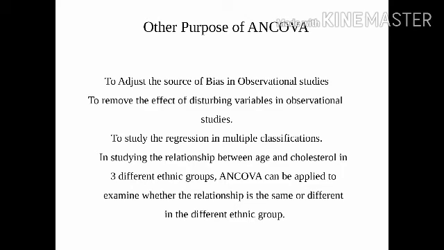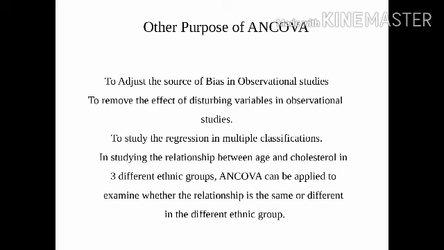This bias could have been avoided by randomly allocating the patients into two groups. If that was not possible at the design stage due to some reasons, ANCOVA can remove this bias at the analysis stage.